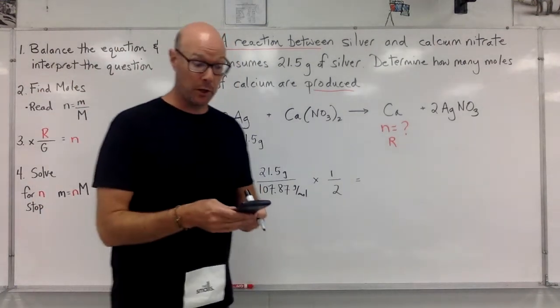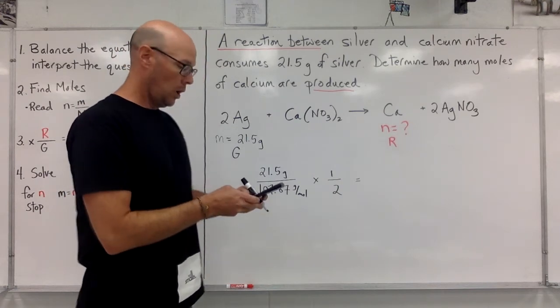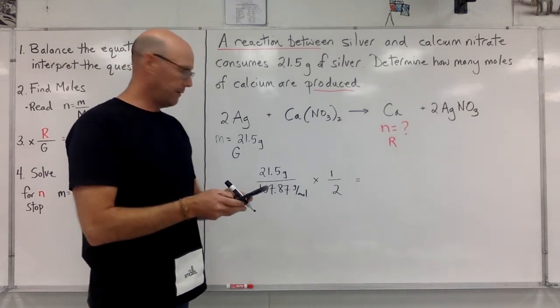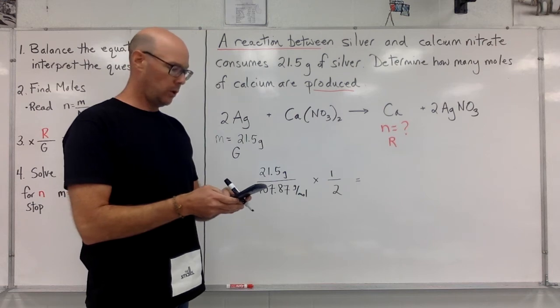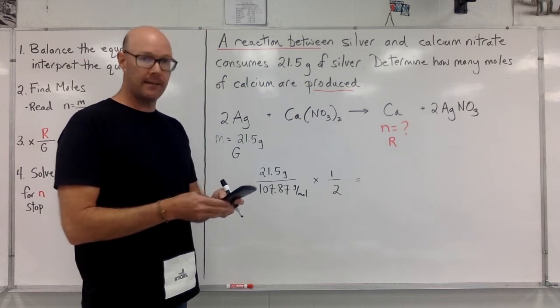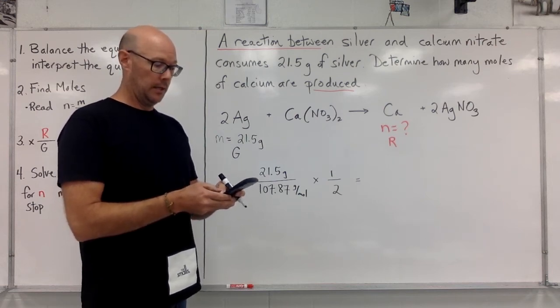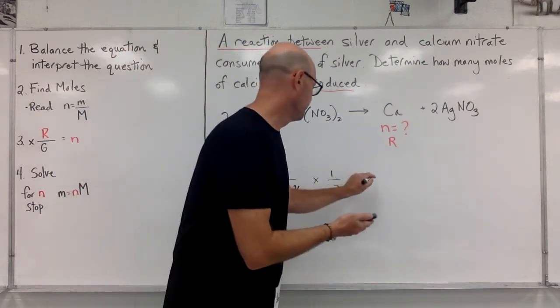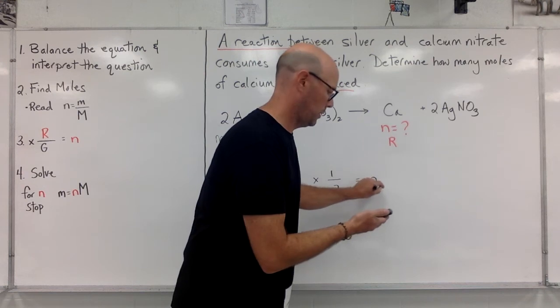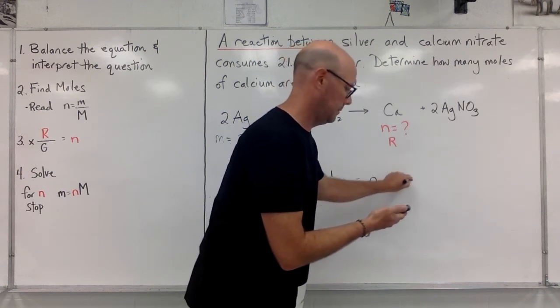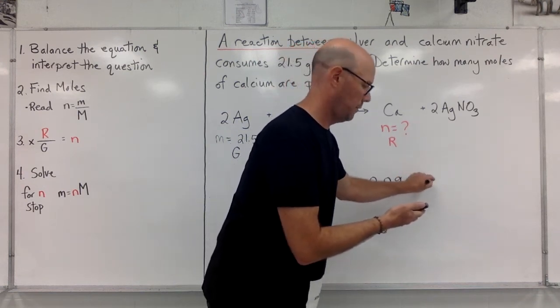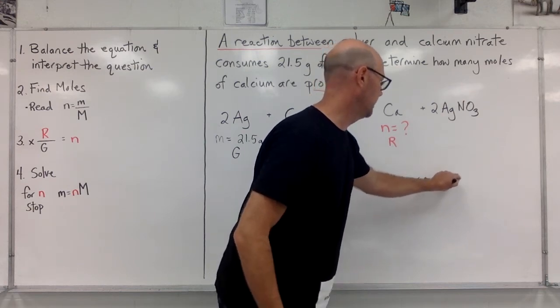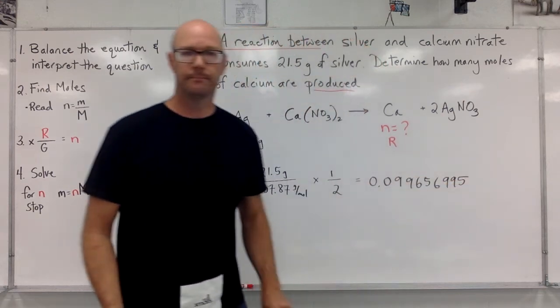My calculator was way over there. 21.5 divided by 107.87 times a half equals 0.099656995.